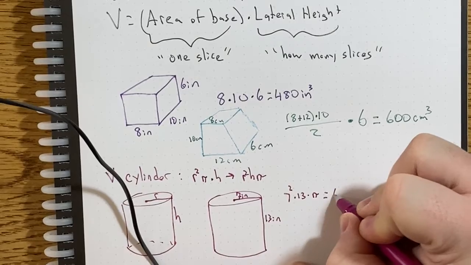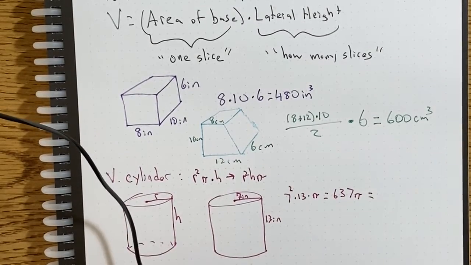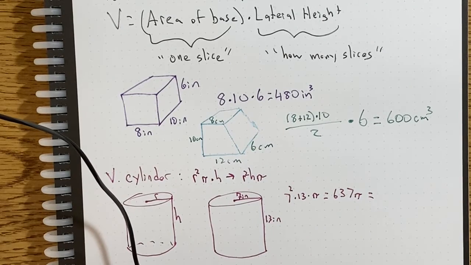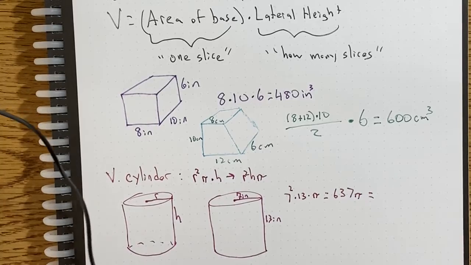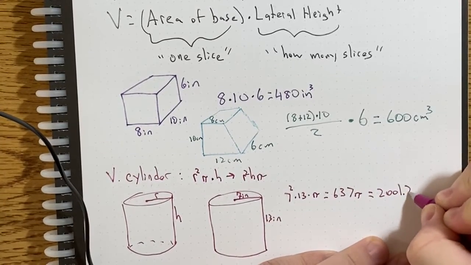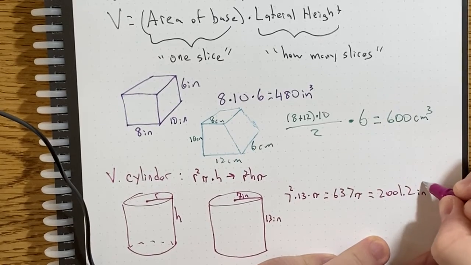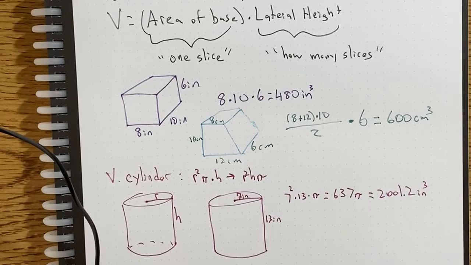But my computer does. 637 pi, which equals 2001.2 inches cubed. That simply is all you have to do for volume. Now, I can give you some more complicated shapes, and you're going to have to do that on your homework, but it shouldn't be too bad.